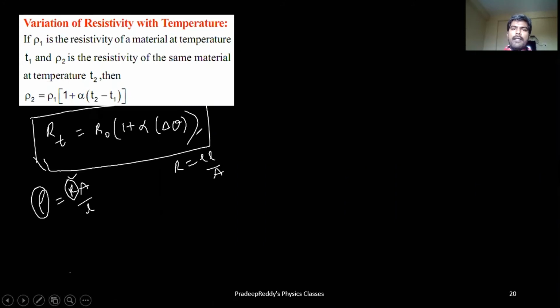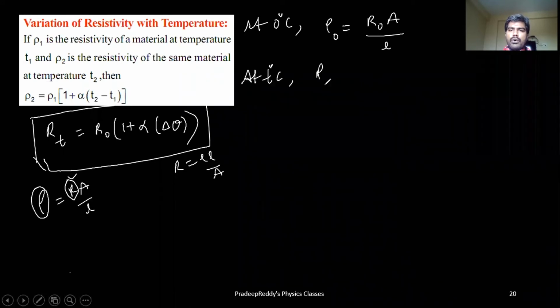Okay. So at 0 degrees Celsius, rho naught is equal to R naught A divided by L. Area of cross section and length are the same, A and L. At T degrees Celsius, rho at temperature T is equal to R T A by L. A and L are the same at any temperature.